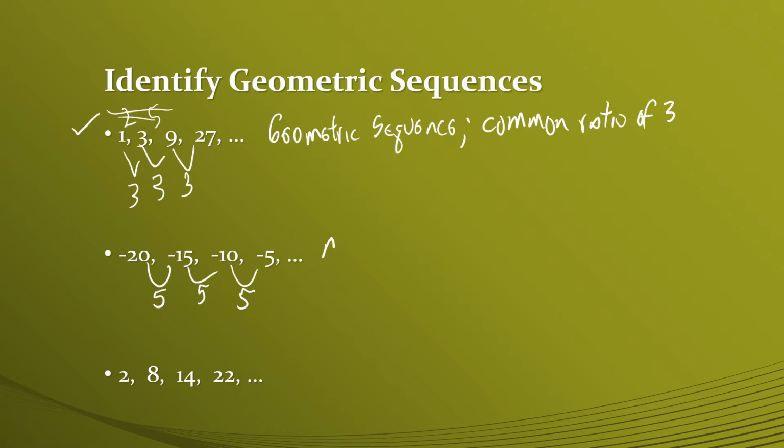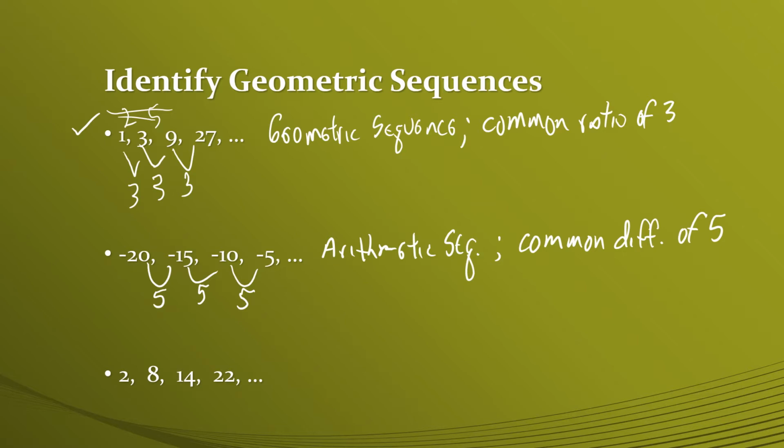So in this sequence, I'm saying that this is an arithmetic sequence. We'll abbreviate sequence there, because we've got a common difference of 5.